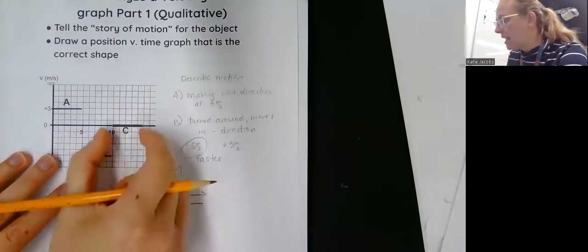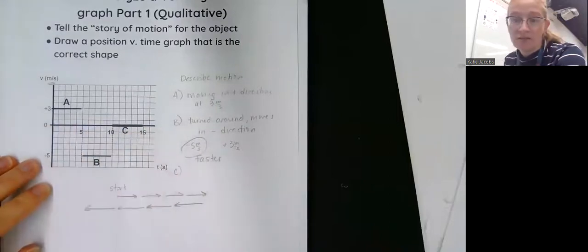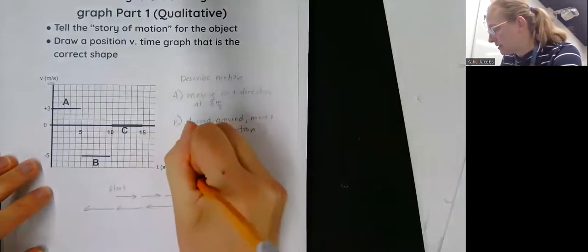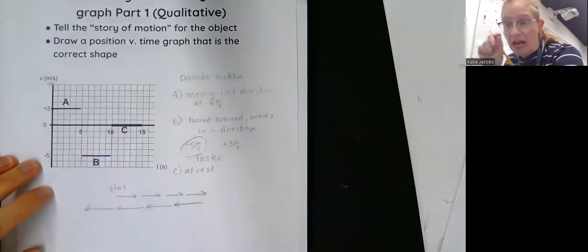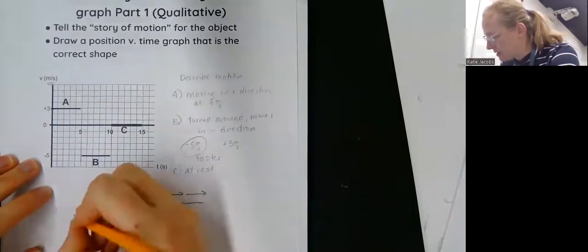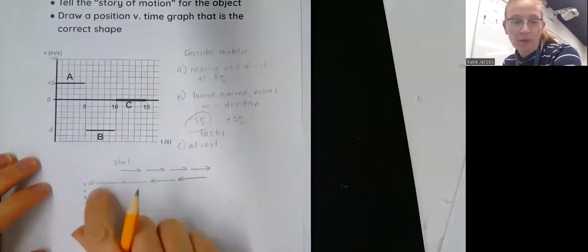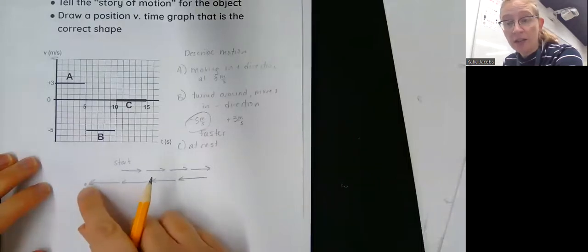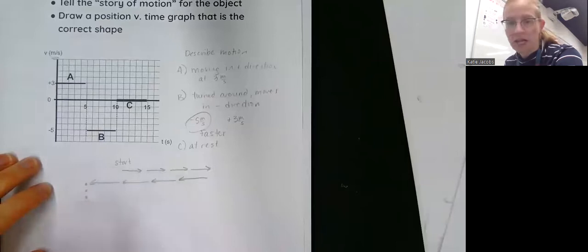That means it has no velocity, 0 meters per second. Another way to say that is it's at rest. It's not moving. That's the only way to show at rest on a velocity graph: on the x-axis. In terms of the motion map, you would just have dots stacked up on top of each other to show that it has position, but the position is not moving right to left. It's just staying the same.